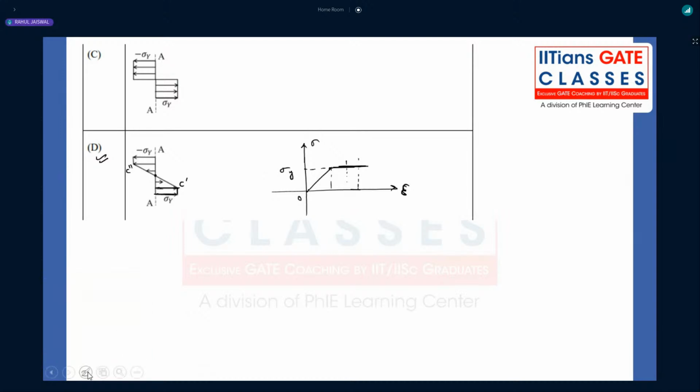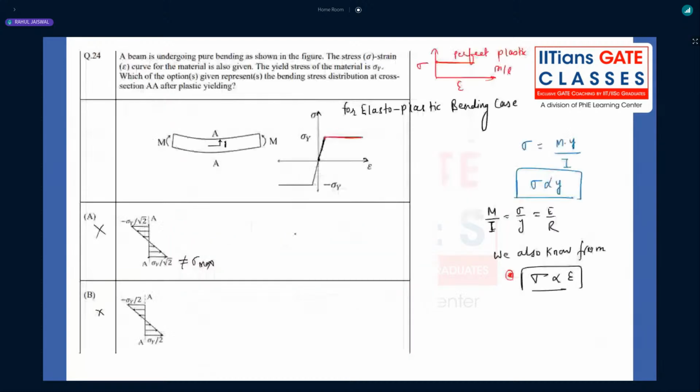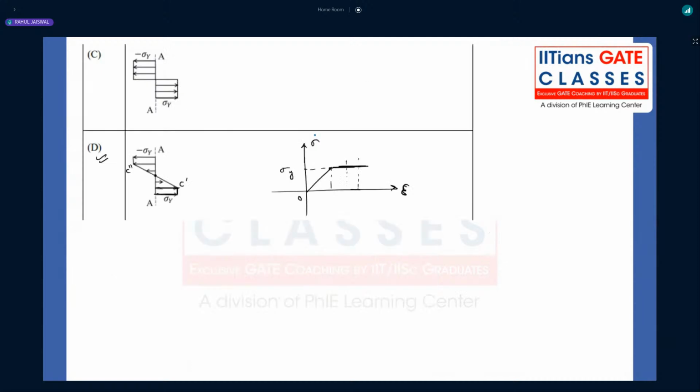whatever the IIT professor who framed this question, they are expecting too much from you, right? They are expecting that you assume one very theoretical, very idealized case, where this material, if you keep on applying more and more bending moment, let me show that this particular picture is very clear that it will be going like this.